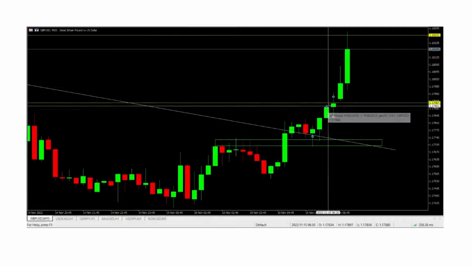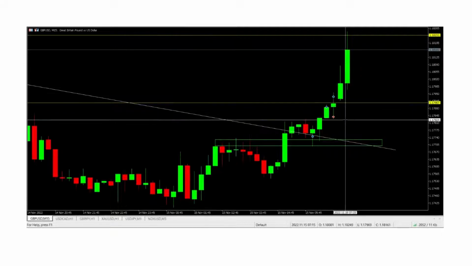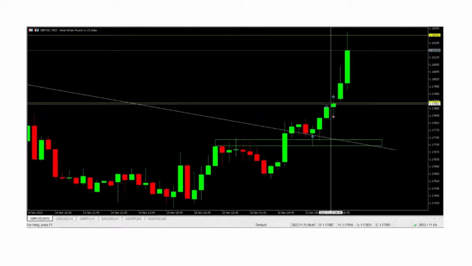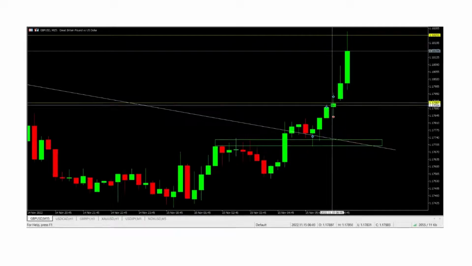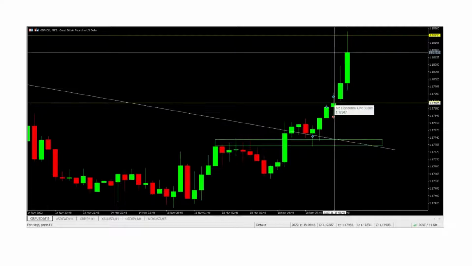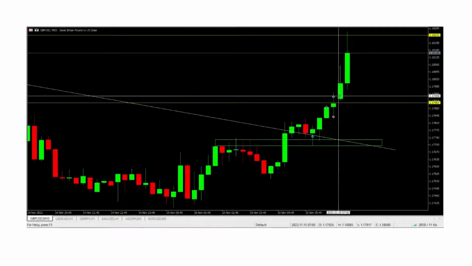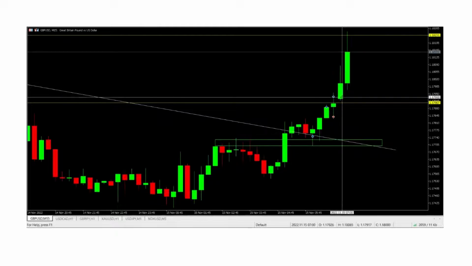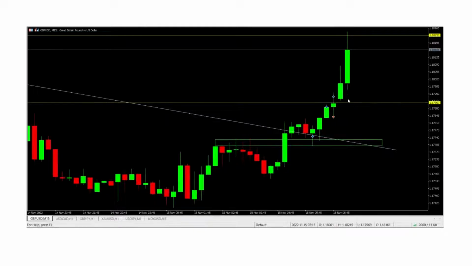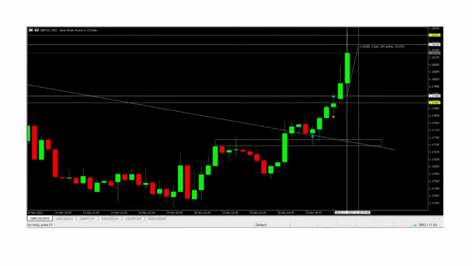So this was my second entry, got stopped out, and then I entered again once we broke that top wick, because the momentum should have kept going. We did. Spread gave me a 4 pip position above where I wanted it, but it's fine. We just had a little bit of drawdown, 2 pip drawdown on that position, and then we continued up.